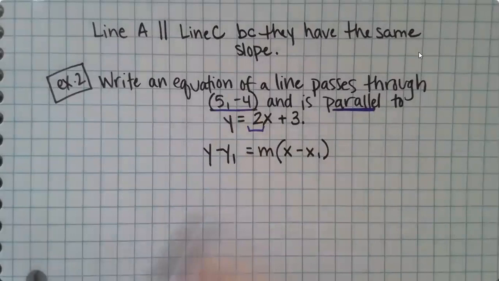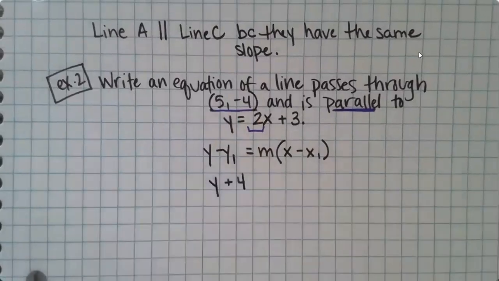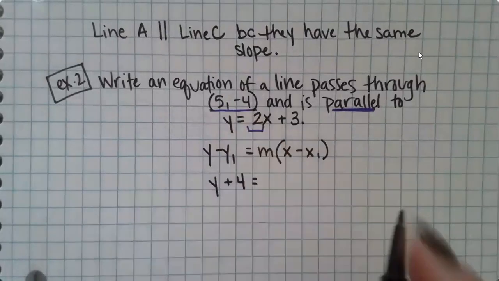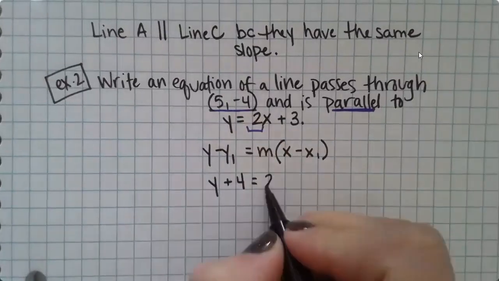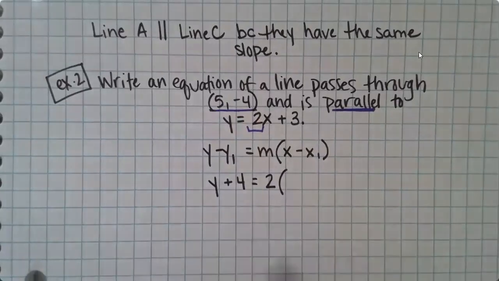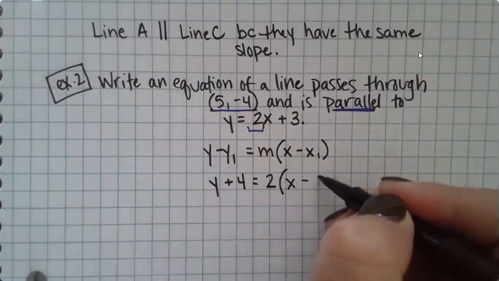So we get that x plus 4 is equal to m, and we know that our slope is going to be 2 because this line is parallel to the line we were given. So slope is 2 times the quantity x minus 5.